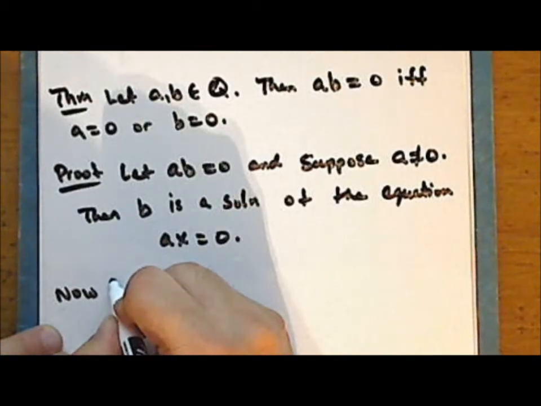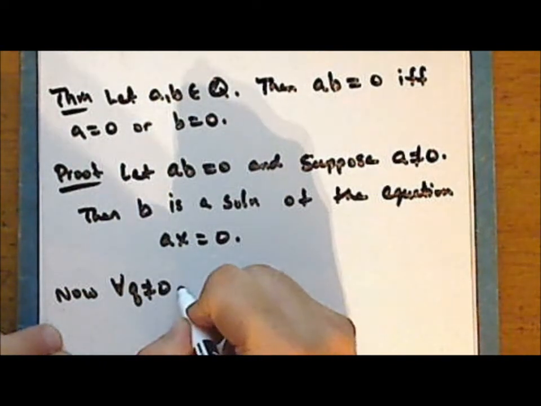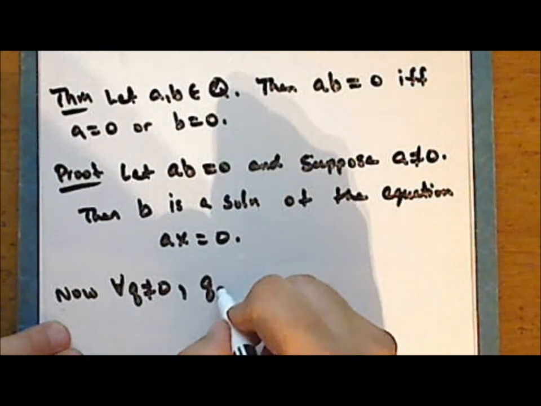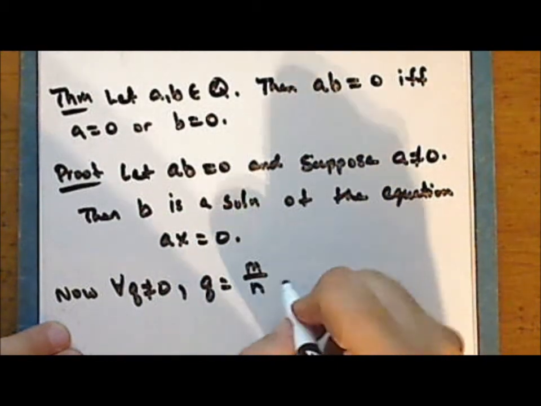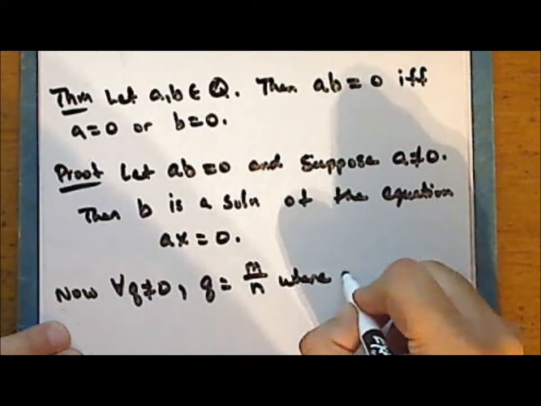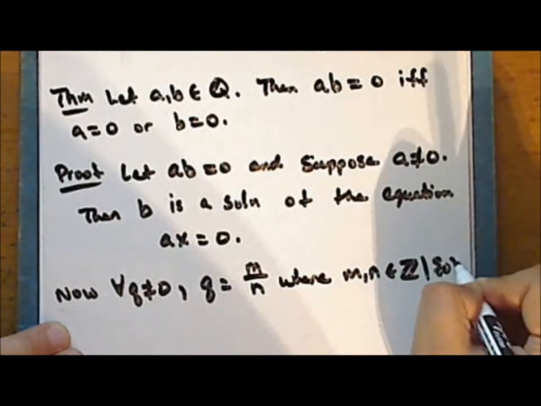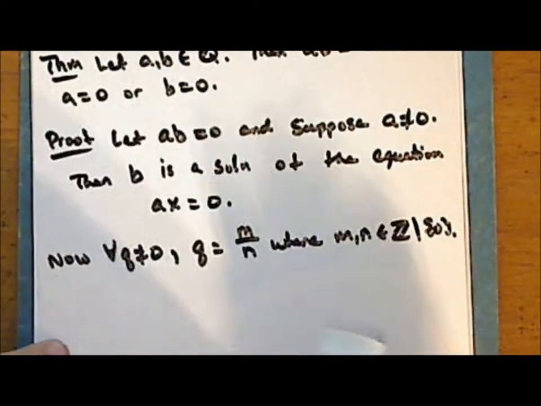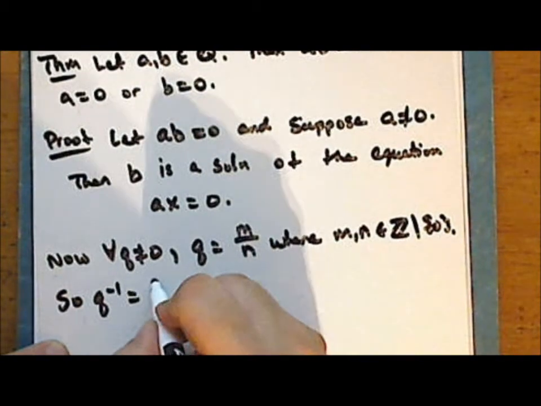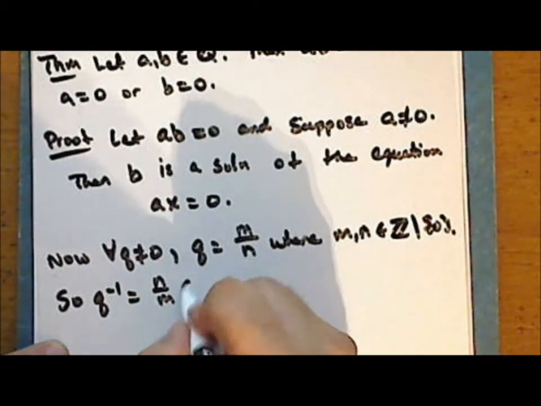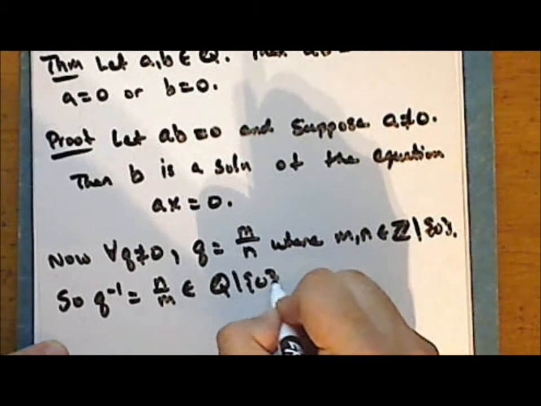Now every non-zero rational number has the form, the ratio of m to n, where m and n are both non-zero integers. And so the inverse, which is n over m, is also a non-zero rational number.